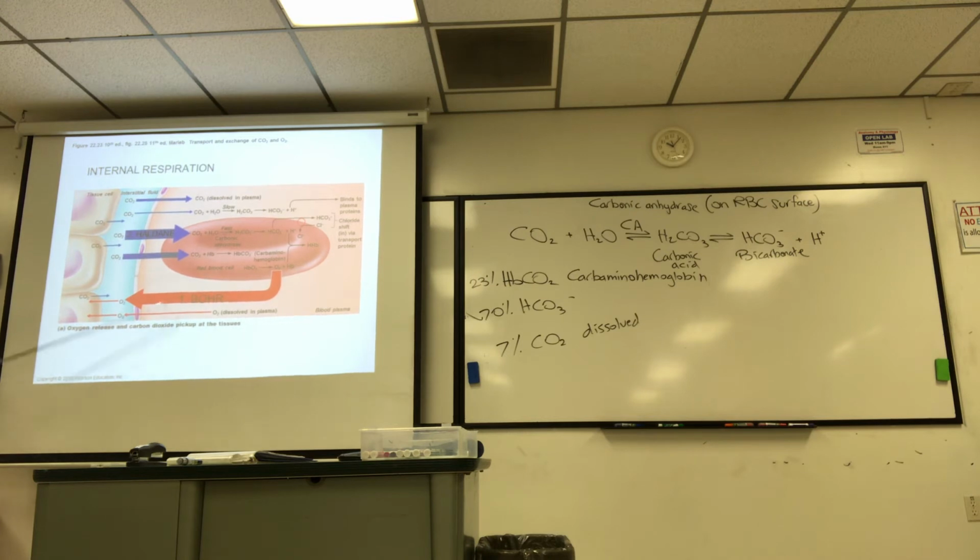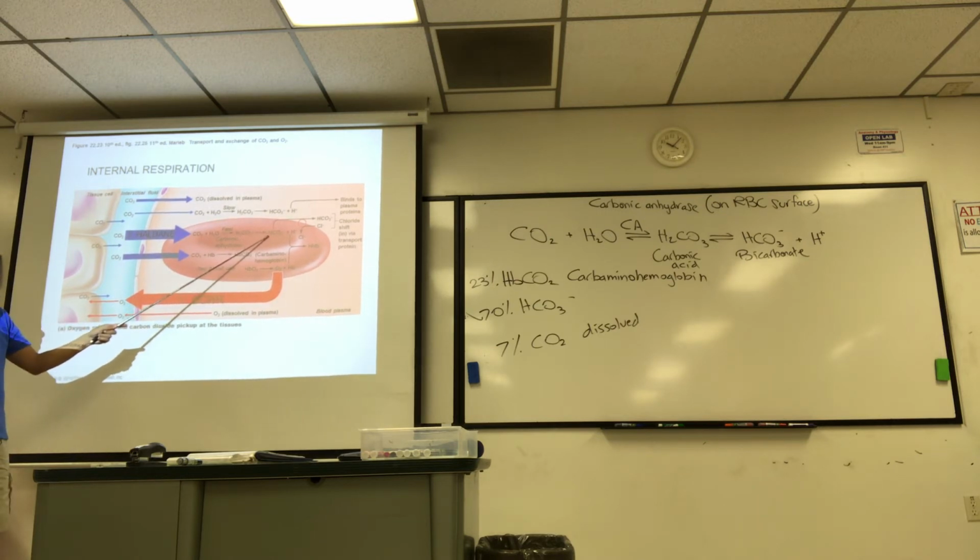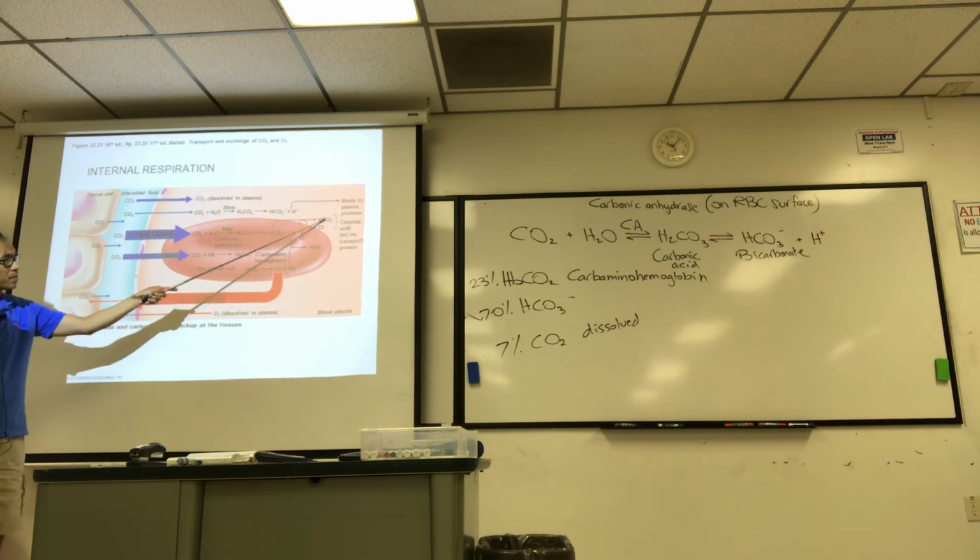So let's analyze what's going on up here, and I'll mention good old Haldane in a second. So here's one thing, CO2 dissolved. What percent is that one? 7, very good. They say slow, they say fast. Like I said, you've got the carbonic anhydrase. So you get your HCO3 negative on the surface, and you want to shift it to the plasma.